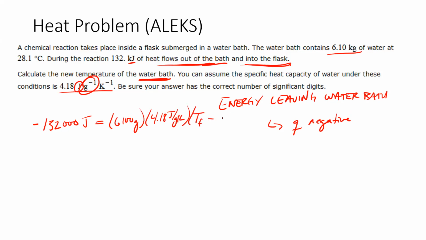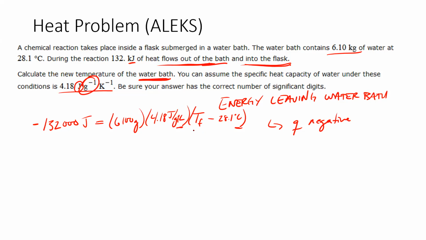The initial temperature is 28.1 degrees C. The fact that this is degrees C in my temperature and this is Kelvin in my specific heat capacity doesn't matter in this case. If you wanted to convert it to Kelvin, absolutely do it, but leaving it in degrees C is a-okay.